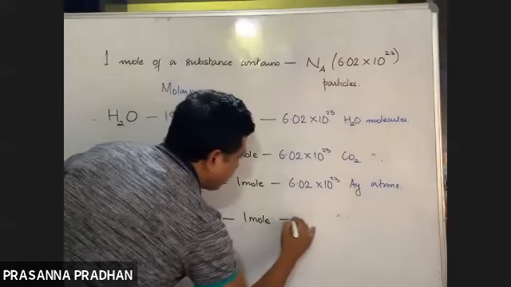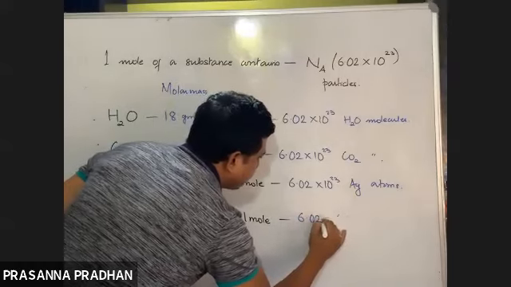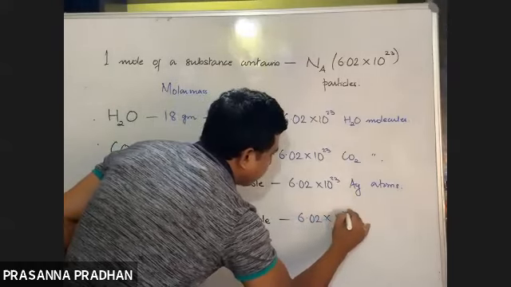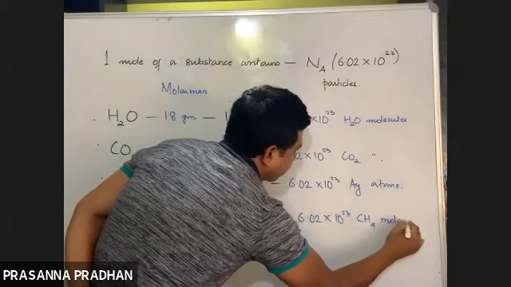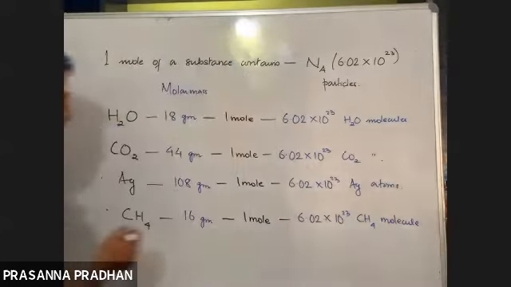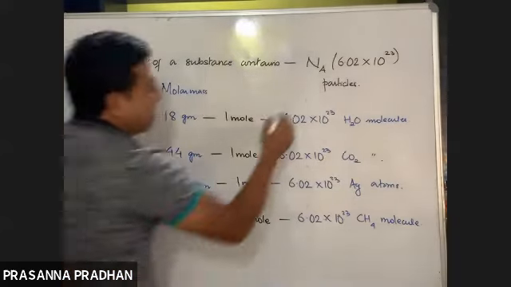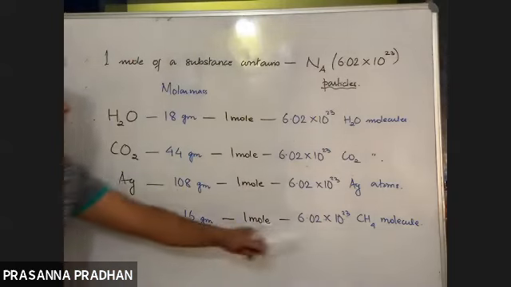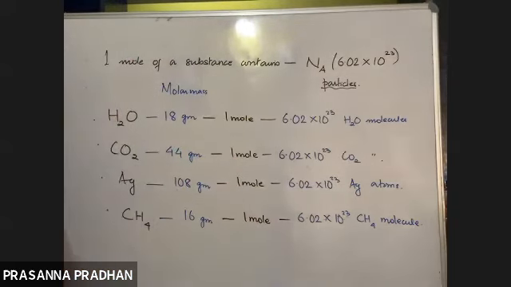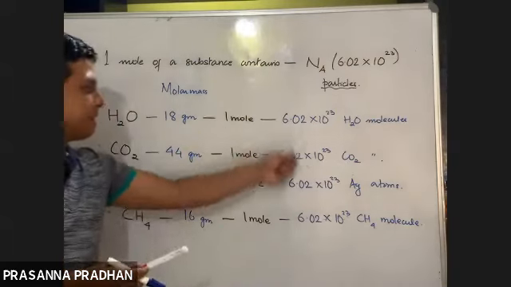So again, it contains Avogadro number of methane molecules. So that is why I have written the term particles out here. This particle can be atom, it can be molecules, it can be ions. So 1 mole means it contains Avogadro number of particles.